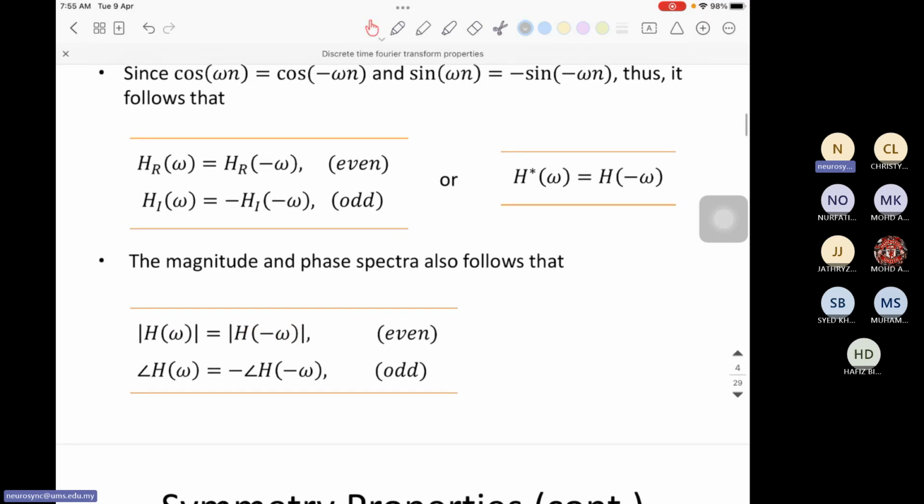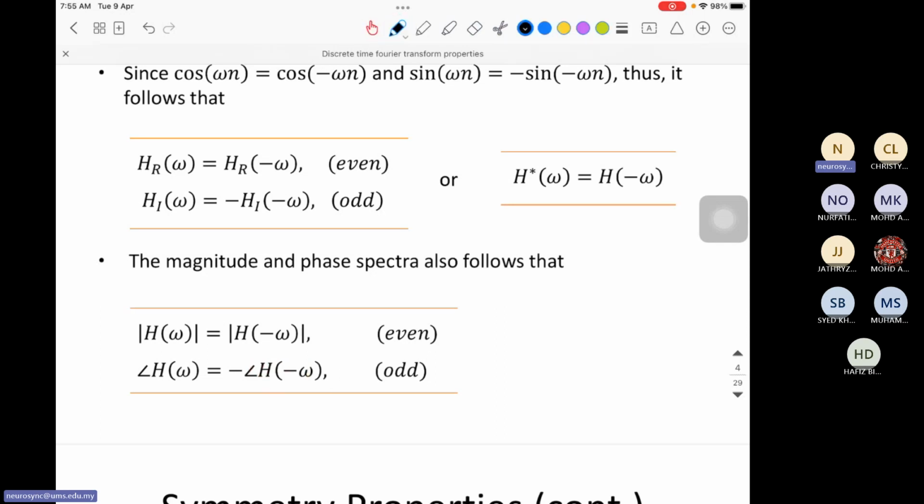Now if this is correct, then you can say this magnitude is an even function. You will get the even function there. And in case of phase, what will happen? In case of phase, the angle of H of omega is nothing but minus the angle of H of minus omega.